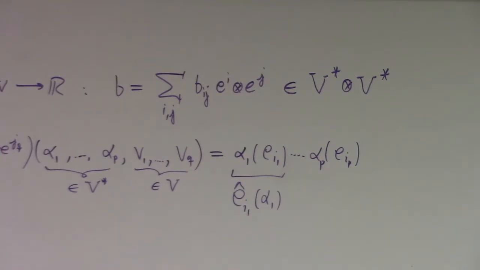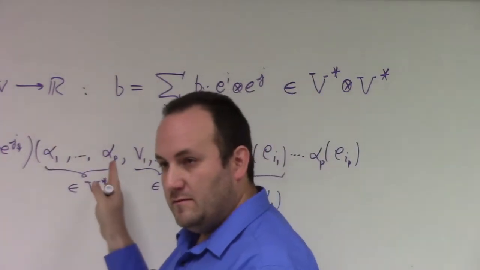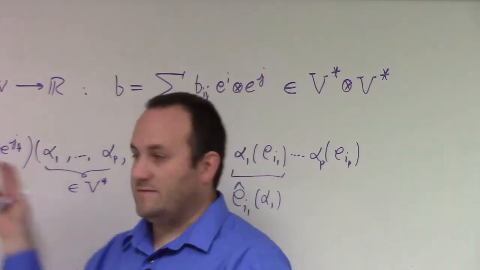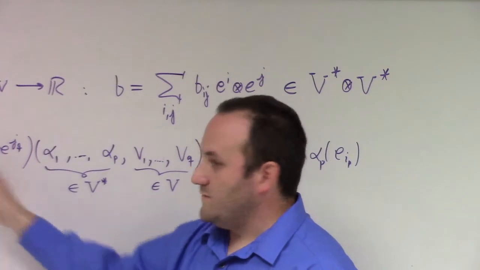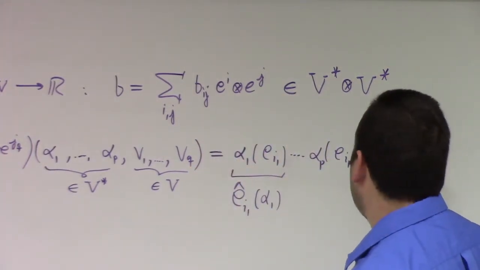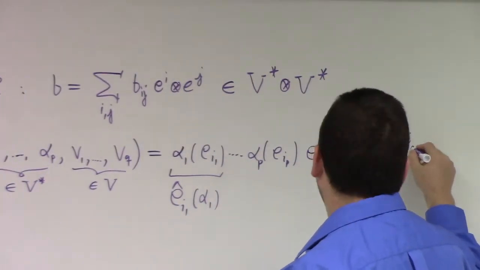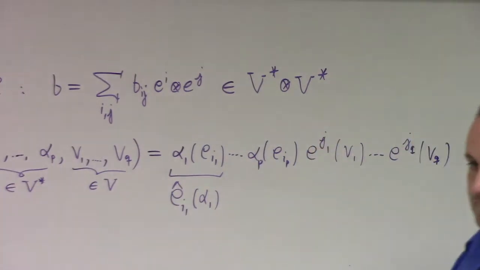But from another perspective, what else could you write? We need some formula that's linear in each entry, and it's a number. So how do you get a number from alpha 1 and E_i1? Well, you let the covector act on the vector. That's all you can do. And then likewise, these dual vectors just act on the vectors. So like E^j1 on V1, E^jq on Vq.